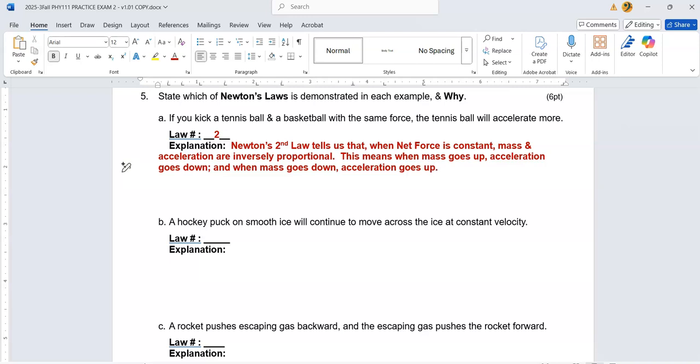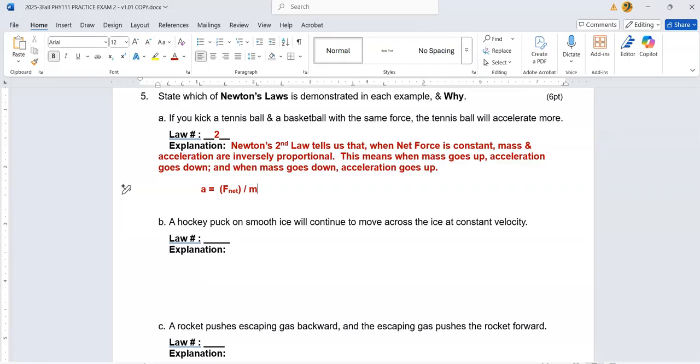One goes up, one goes down. And that's because of the formula itself saying acceleration is equal to the net force divided by the mass.